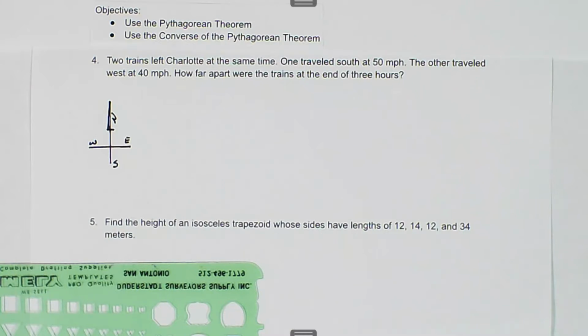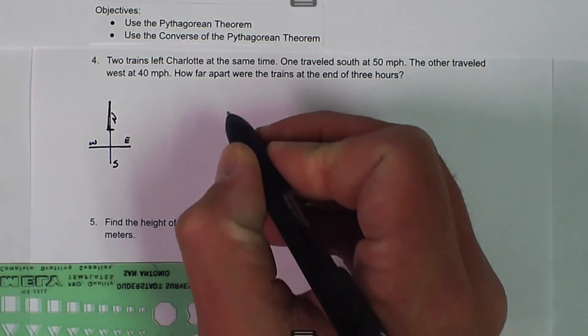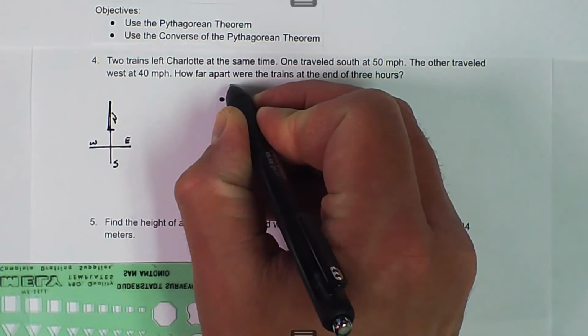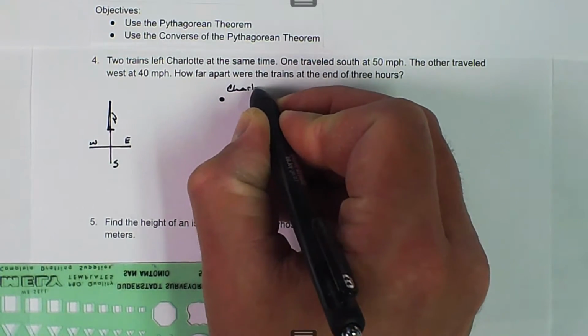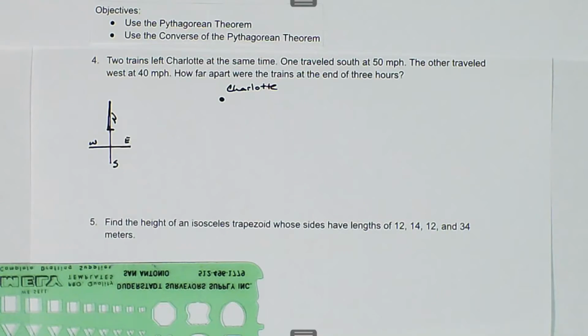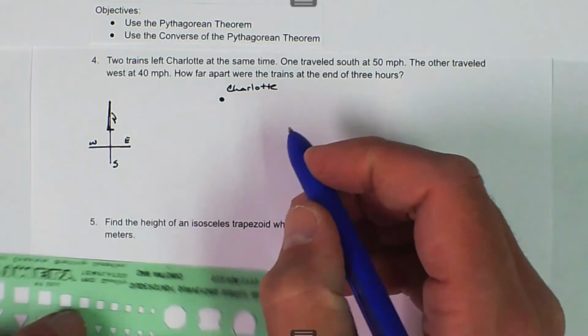And so a train leaves from Charlotte heading south. So we're going to put Charlotte as this black dot right here, and that's Charlotte. And we have a train that heads directly south.